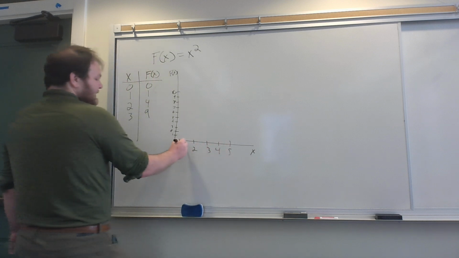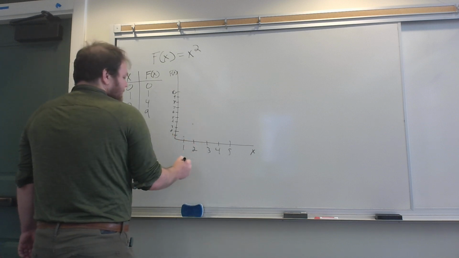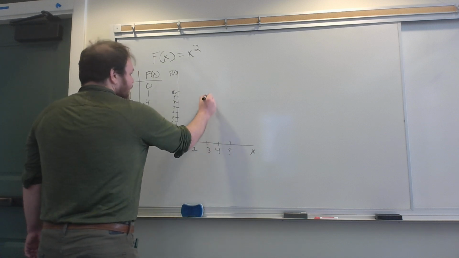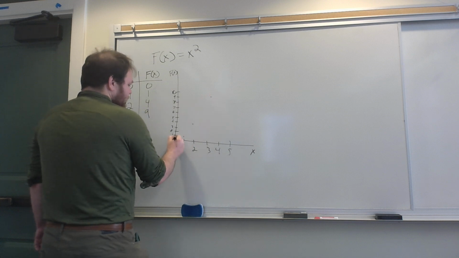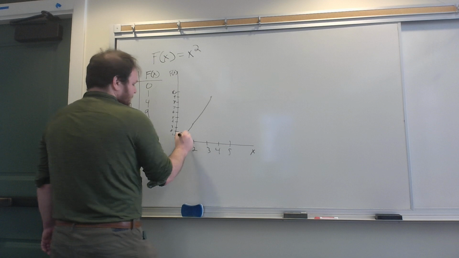So I could say that when x equals 1, f of x equals 1. When x equals 2, f of x equals 4. When x equals 3, f of x equals 9. So I'm going to have a little shape that's something like this. Okay, great.